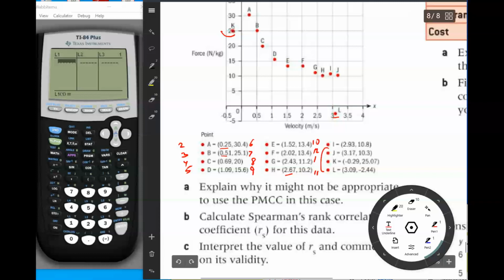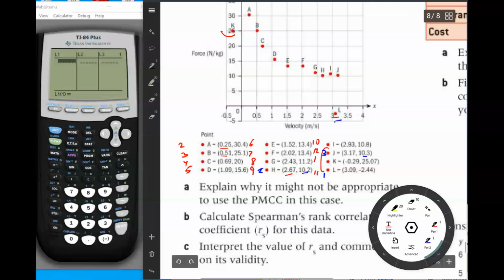So the smallest y value is the L. So I'm going to say that one's blue 1. And then the next smallest one is either H or J. H is 10.2, J is 10.3. So actually this is the second one, and this is the third one.